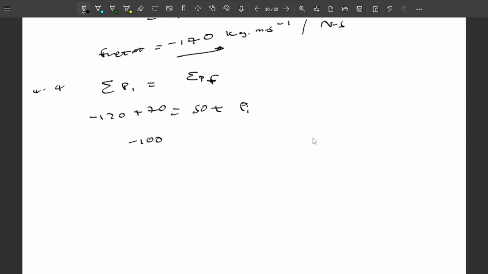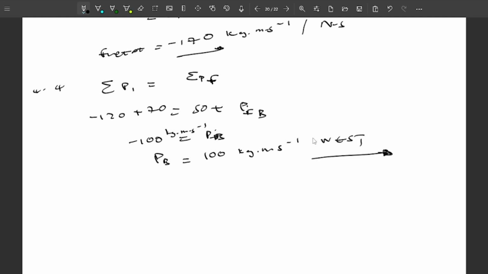It's going to have negative 100. This means the momentum of object B is negative 100. Negative 100 what? Kilograms meters per second, right? Yeah. Negative 100, of which you should write it as 100 kilograms meters per second west, like I said.